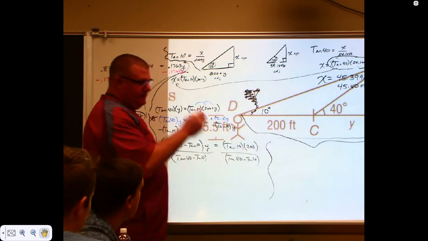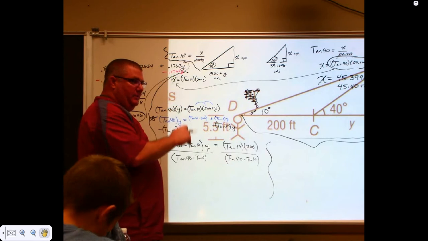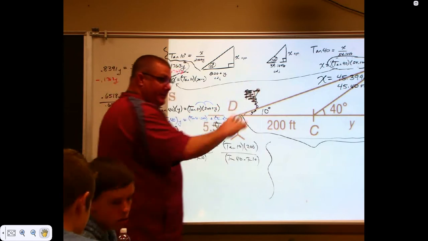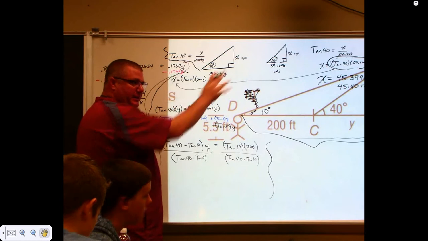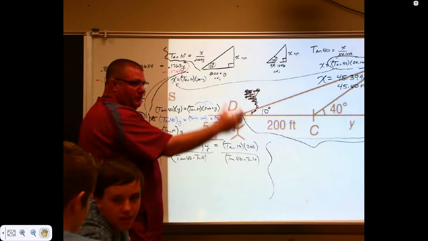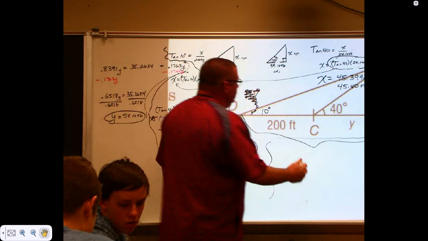As it gets to 45, the angle gets bigger, so now the side on top is bigger than the one on bottom. When it's below 45, the bigger side is underneath, on the bottom of the fraction.